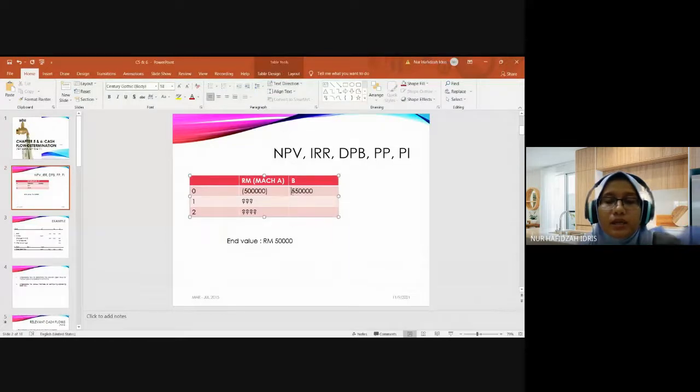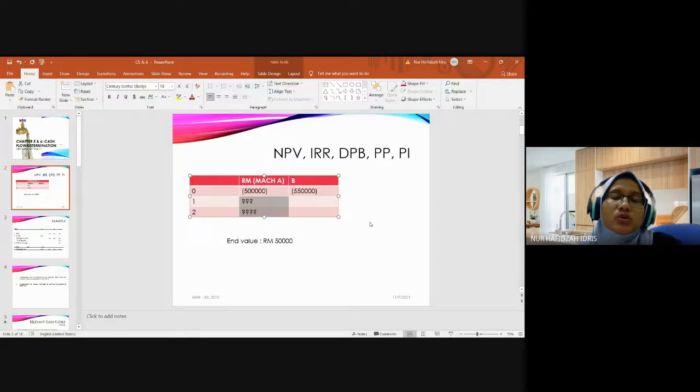So yang ni cost A and B, 500,000 and 550,000. You nak tahu mesin ni 2 tahun je kan? So among these 2 years, by referring to this cost, you will find the equivalent annual cost. That means the exact cost for this machine for year 1 berapa, year 2 berapa. Tu kita kata equivalent annual cost.